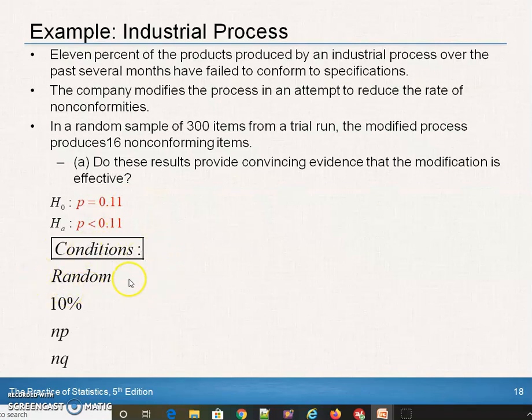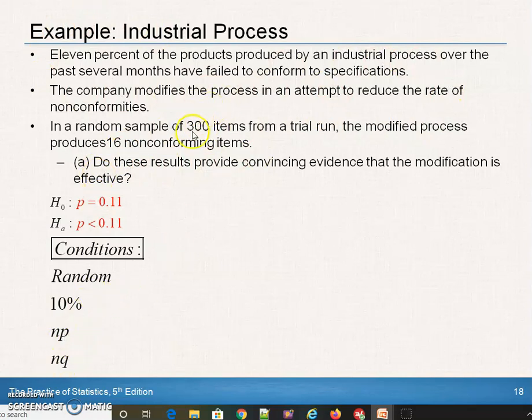The conditions. Do we have the random condition? Well, random sample, 300. Looks like that's good. 10%: 300 times 10 is 3,000, and we're going to assume the population is more than 3,000.